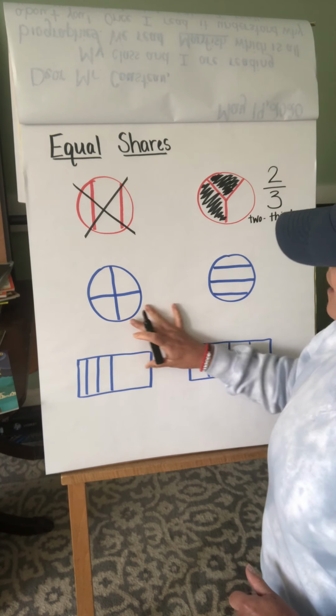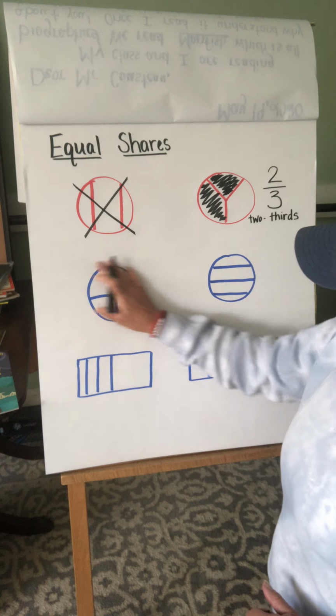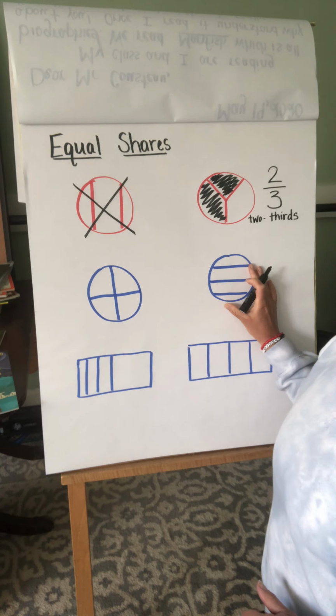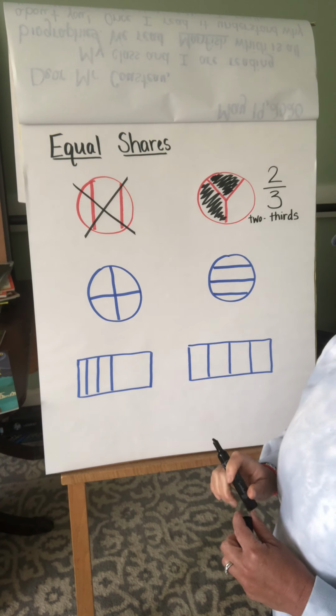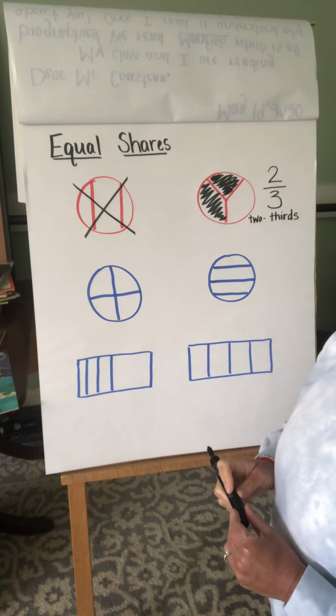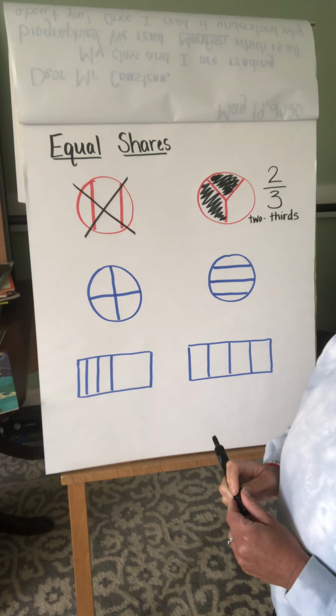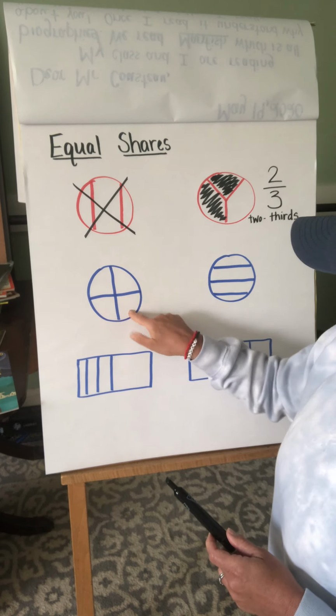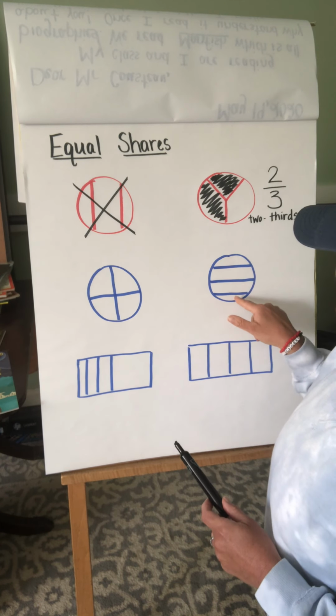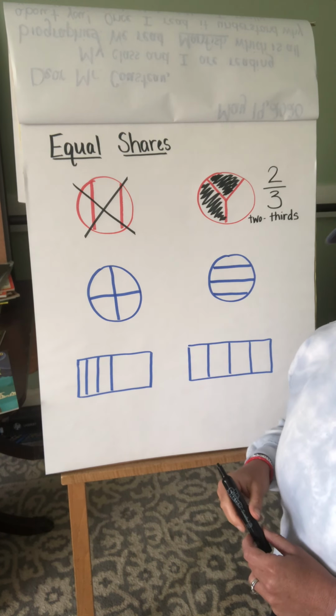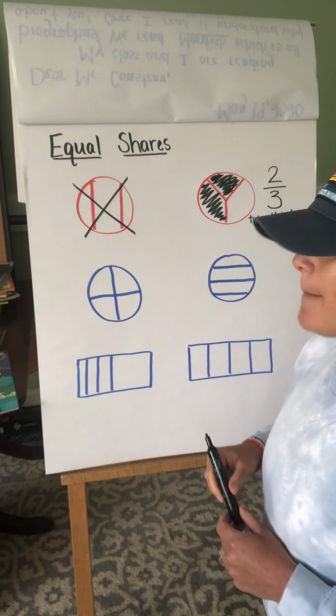All right, let's move down here. Now I have 2 circles again, and this time I've cut them into how many parts? I've cut them into 1, 2, 3, 4 parts. Which one shows even parts?